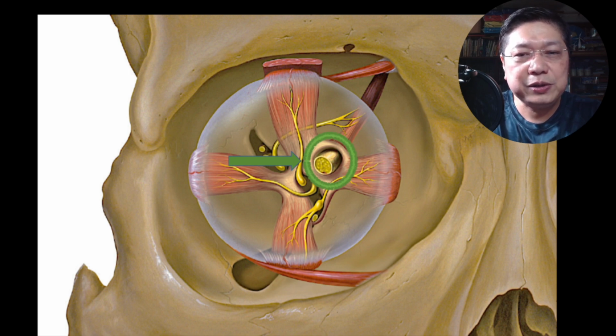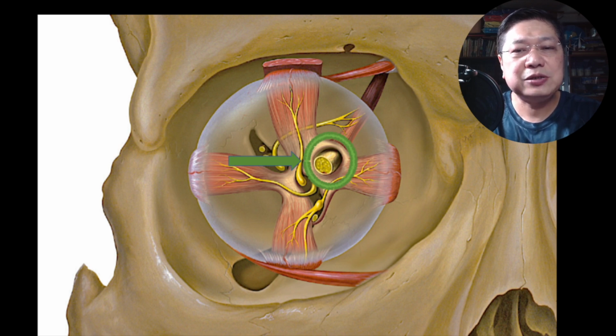Now, the optic nerve is the biggest nerve practically in the body. It's the nerve that controls everything that you see. So everything that the retina sees gets passed through the optic nerve. So if you cut this nerve, your patient will go totally blind, as in totally blind.